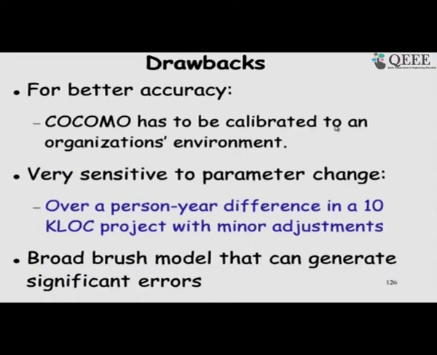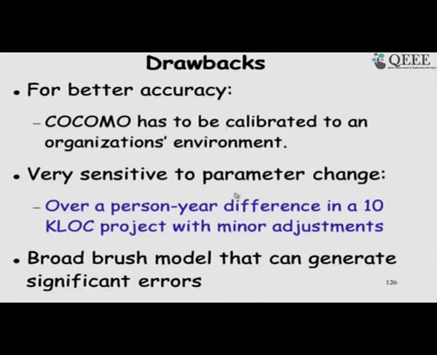So, one thing that we need to mention here is that the organizations can calibrate the different factors that have been given in the table, adjustment factors, depending on their past projects.